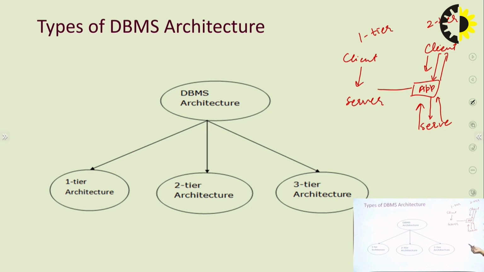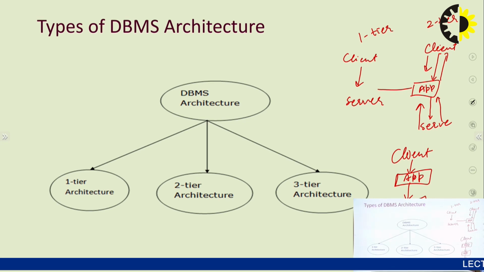In the 3 tier, the client sends the request to one interface. That interface sends the request to the interface of the server, and then the server handles everything. This is the 3 tier architecture.